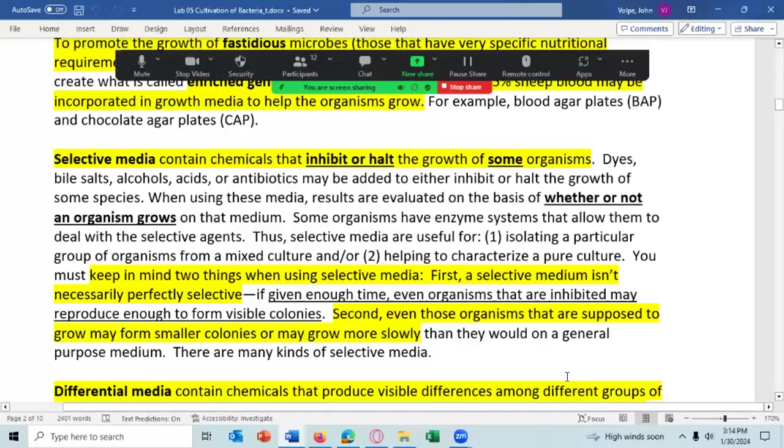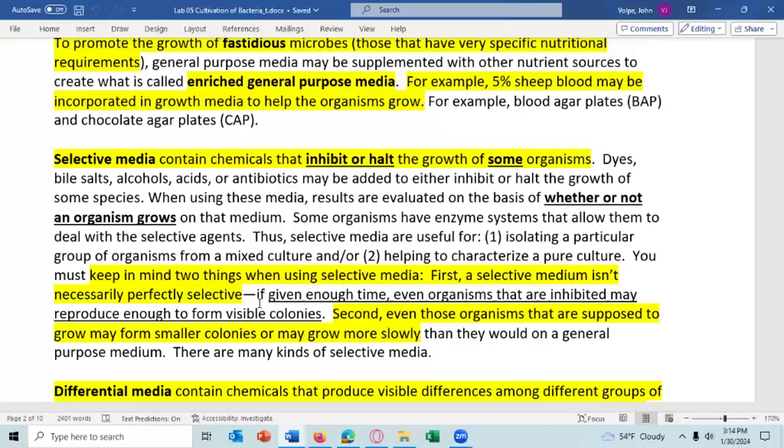First, a selective media isn't necessarily perfectly selective, meaning if given enough time, organisms that are selected against can grow in the selective media. They just grow slower. Second, even those organisms that are supposed to grow may form smaller colonies and may grow slightly slower than they would on a general purpose media.